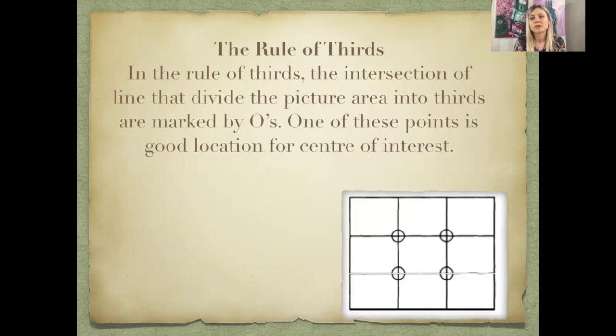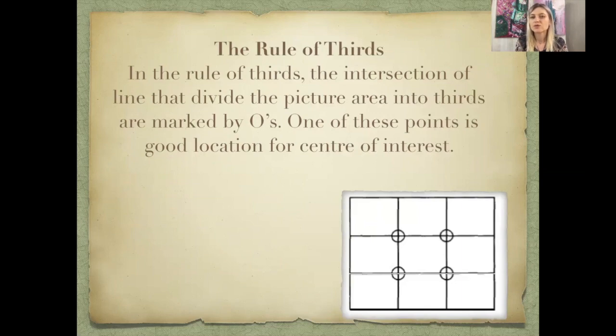There is one that is always good to remember, the rule of thirds. In the rule of thirds, the intersections of lines that divide the picture area into thirds are marked where you see circles. One of these points is a good location for your center of interest.